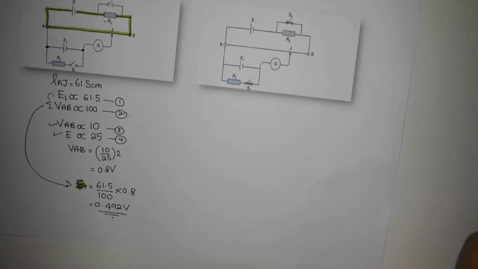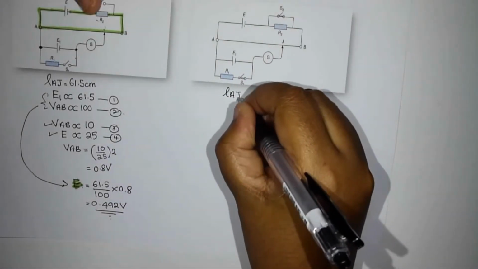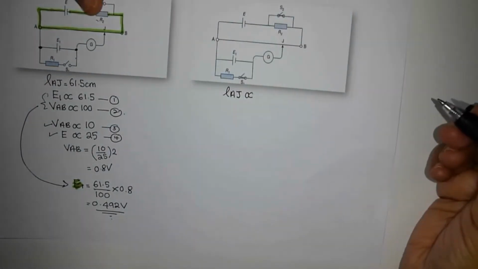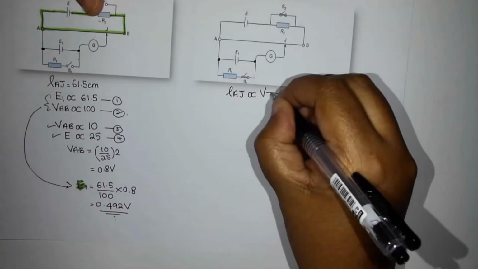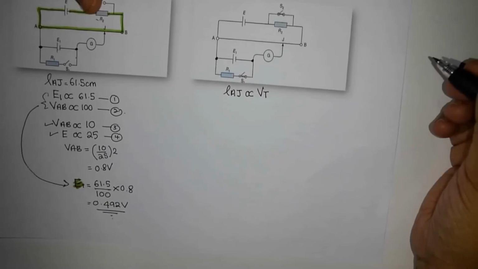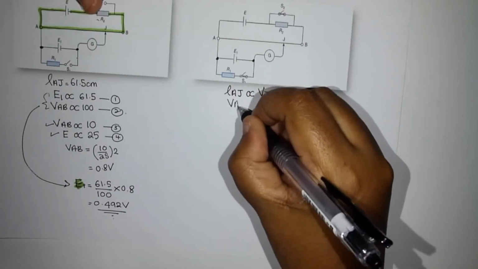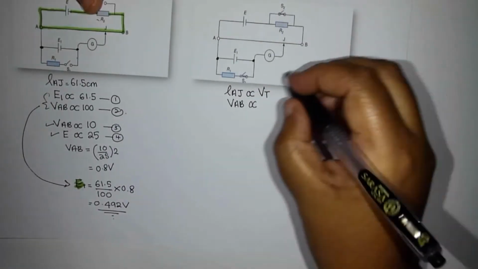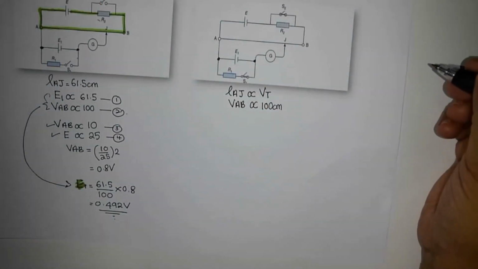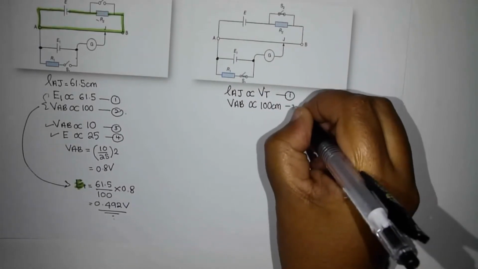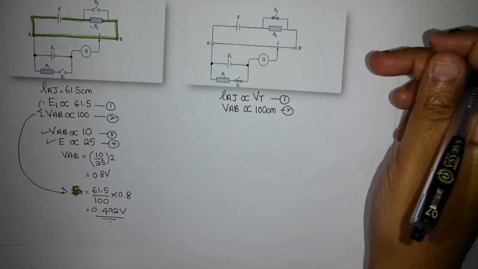Okay, so how are we going to do this? We know when it's closed, length AJ is directly proportional to the terminal voltage, which is VT. Correct? And then we also know that VAB is directly proportional to 100 cm. Okay, this is number 1, this is number 2. Then number 3, we have to use a potential divider formula.